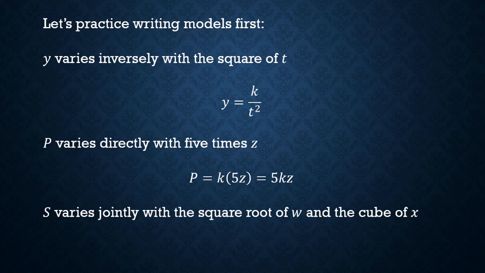s varies jointly with the square root of w and the cube of x. This one is certainly a little more complicated, but we're still going to do the same kind of thing. We see "varies jointly with," so this is a joint variation model. Something is equal to k times something else times another something else.